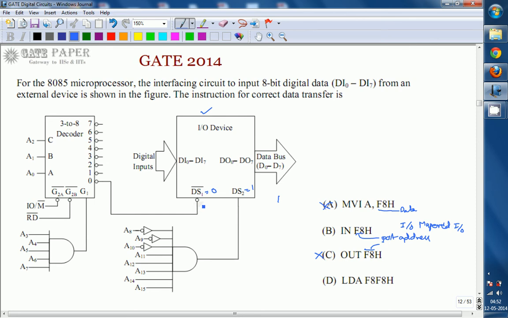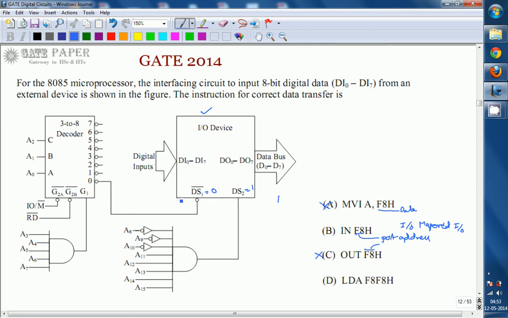For these select lines, if only the lower address byte, A0 to A7, were used, the I/O device would communicate through peripheral mapped I/O. But DS1 is connected to a decoder controlled by A0, A1, A2 through A7, and DS2 is controlled by A8 to A15.